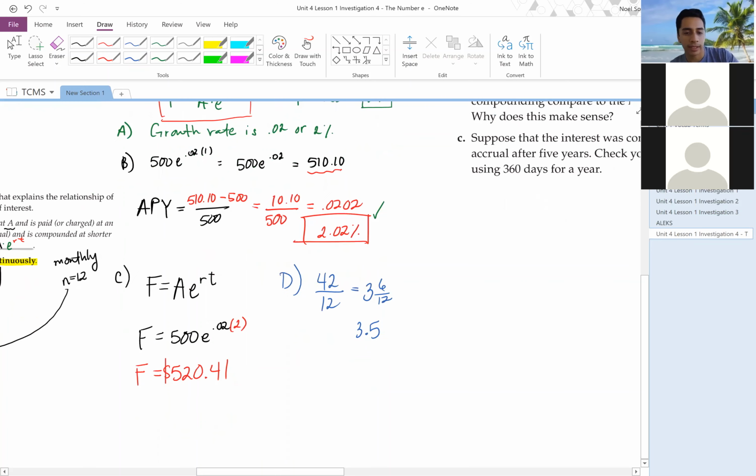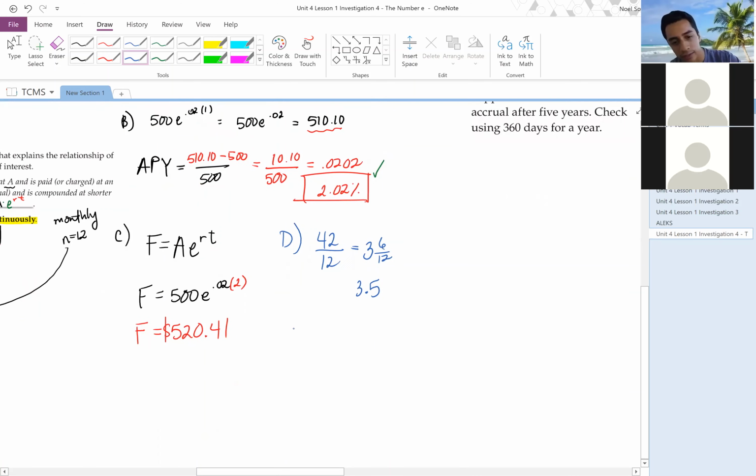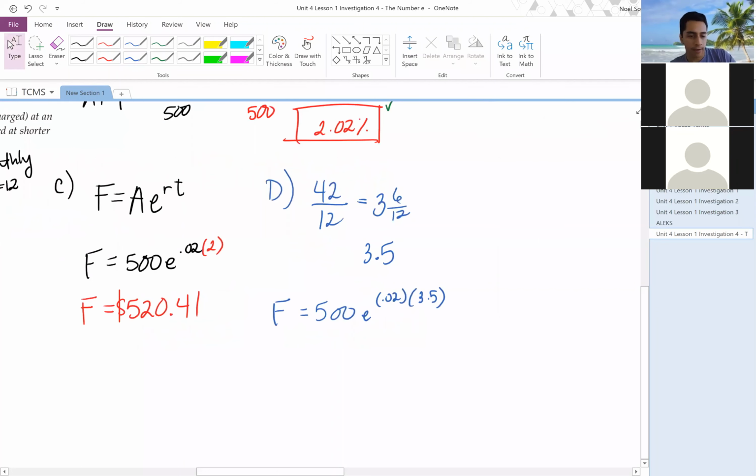Same idea. Now we plug it into the formula. Our final value here is going to be 500 times e to the 0.02 times 3.5. Let's find out how that changes. Oh, I did something wrong.